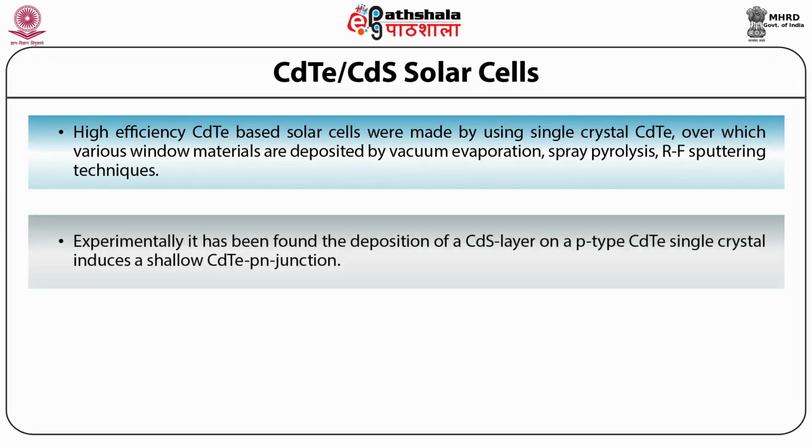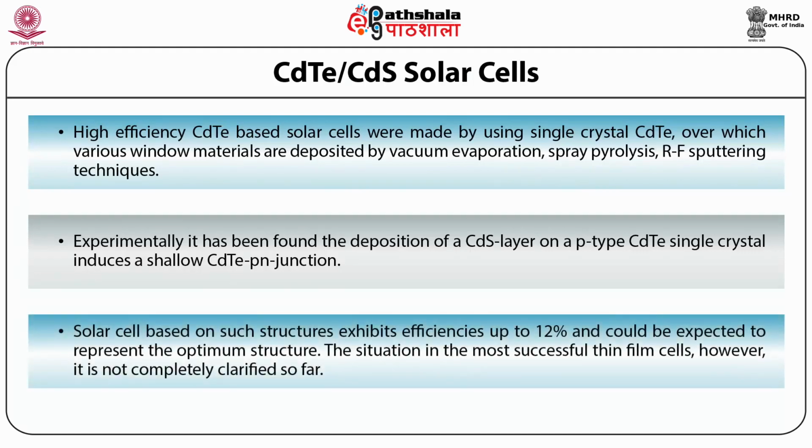Experimentally, it has been found that the deposition of a cadmium sulfide layer on a p-type cadmium telluride single crystal induces a shallow cadmium telluride pn junction.